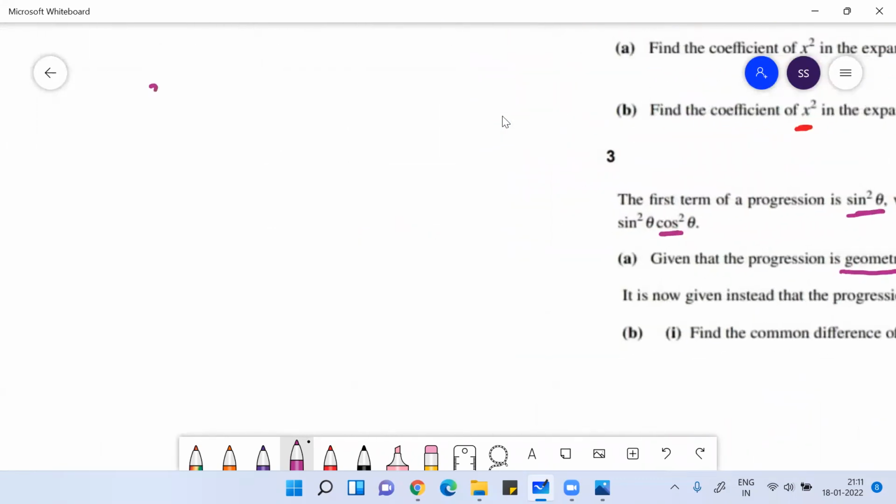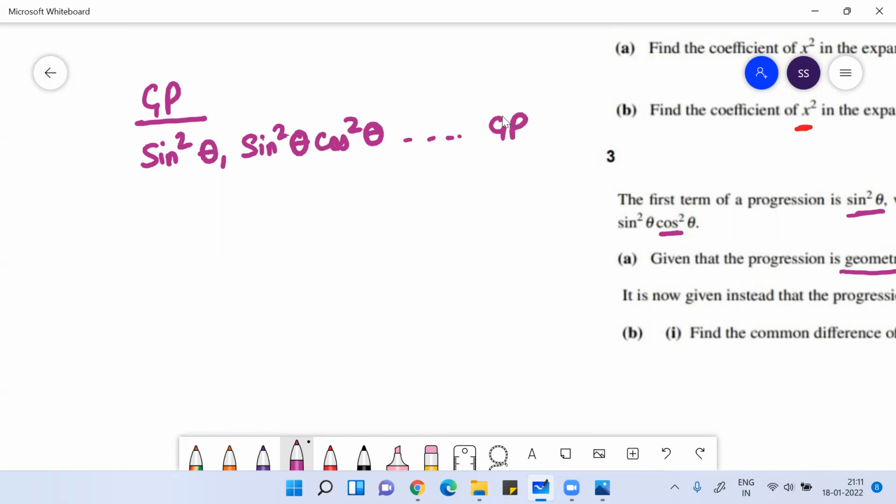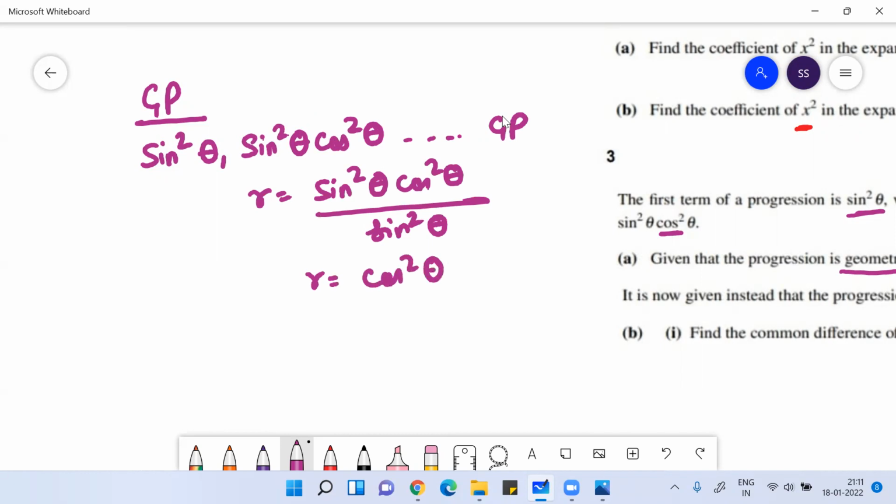So if this is a GP, your first term is sine square theta and your second term is sine square theta cos square theta. GP means the ratio is the same. So what is your ratio? The ratio would be sine square theta cos square theta divided by sine square theta, so your R value will be cos square theta.